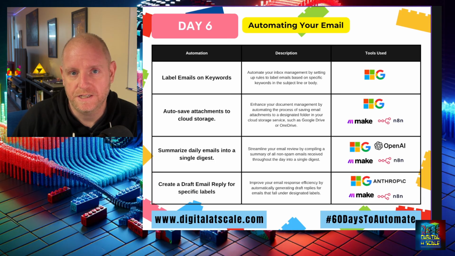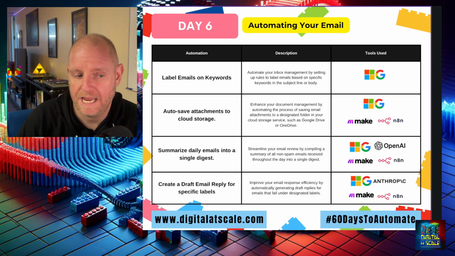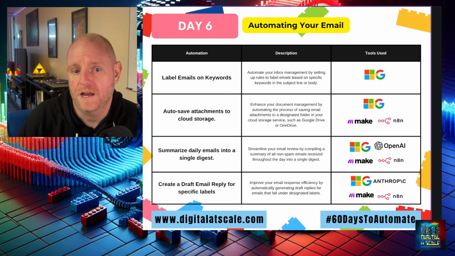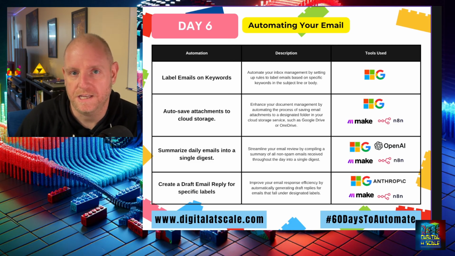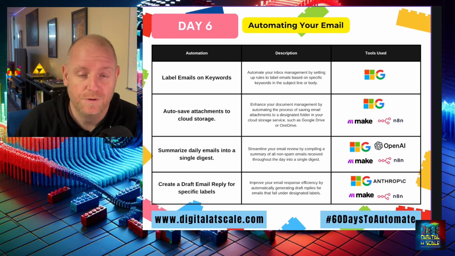We also created a workflow that will summarize all your daily emails into a single digest. And as we just created, an email workflow that will automatically draft replies for you so that you can triage your email a lot. So by taking some of these tasks off your plate, it helps you to be more organized, more standardized, and really spend more time doing more productive things and more exciting than email.